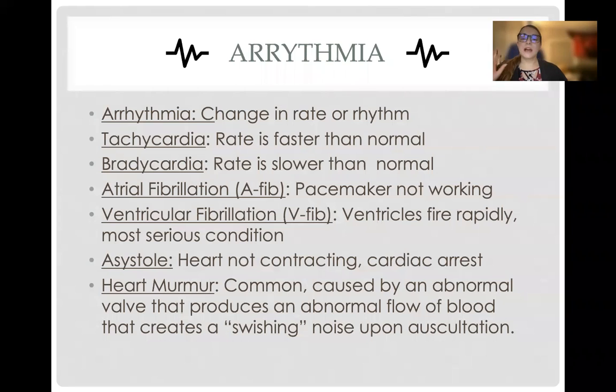It's going to produce an abnormal flow of blood. So this is actually going to create a swishing type of a noise upon auscultation. So as you're listening to the heart, we know the normal is going to be that lub-dub, lub-dub. So what can happen when you're listening to a patient with a heart murmur, depending on how severe it is, it's going to be like a lub-dub, sh, la-dub, sh, la-da, sh.